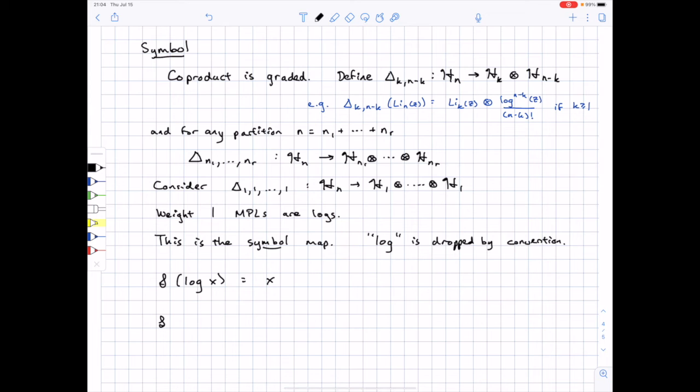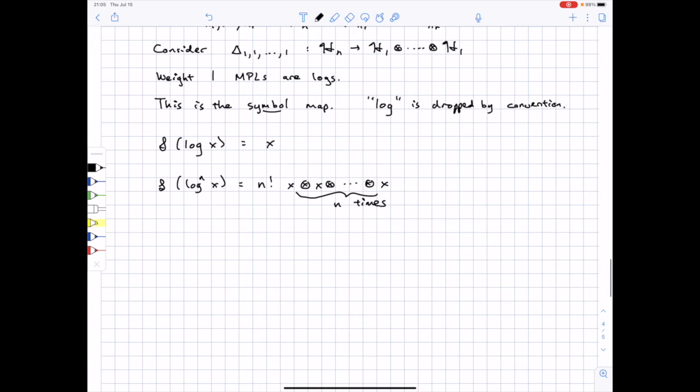The symbol of log to the n of x is n factorial times x tensor x tensor x taken n times. The symbol of log x times log y would be x tensor y plus y tensor x.